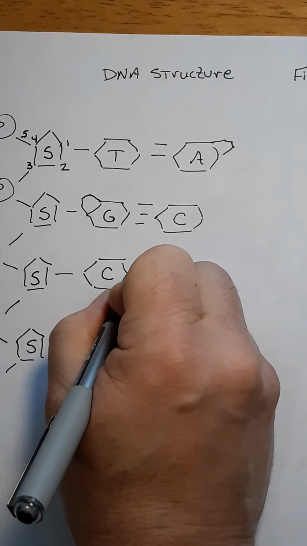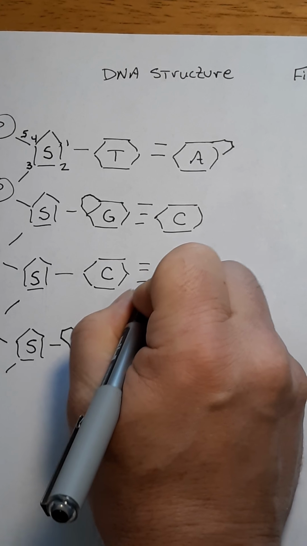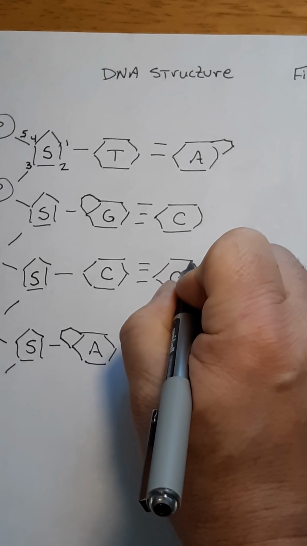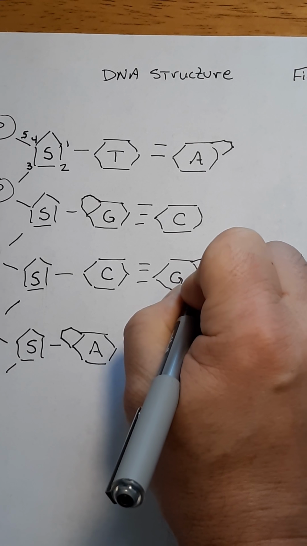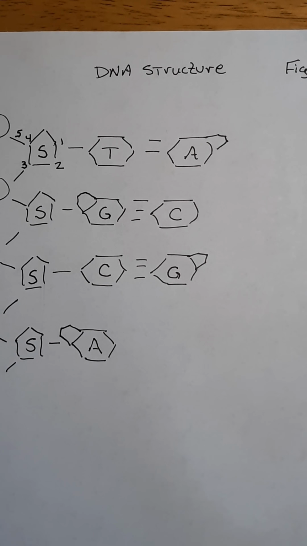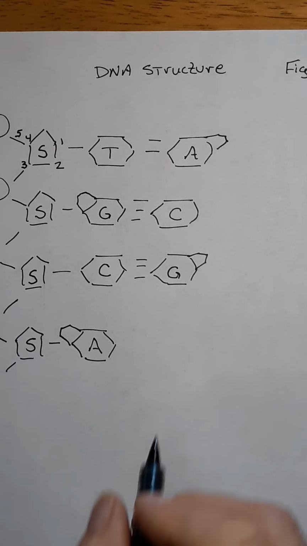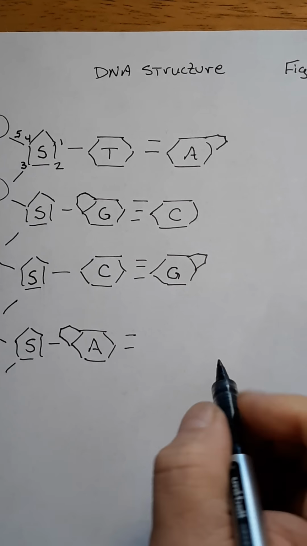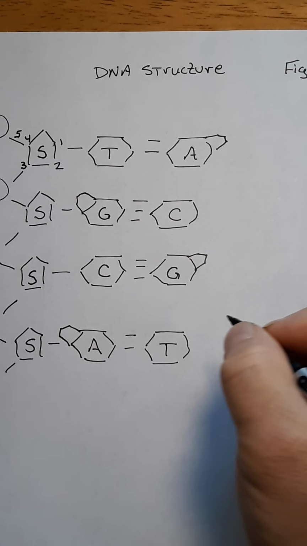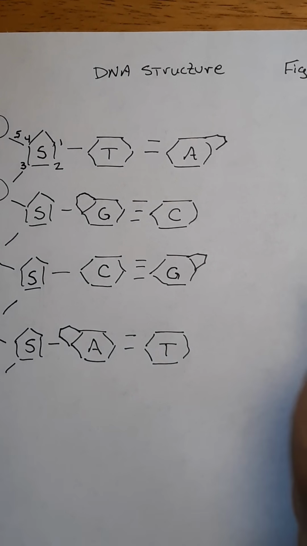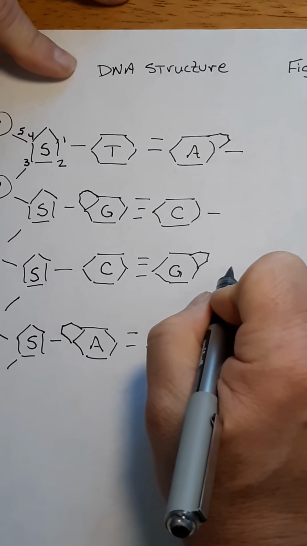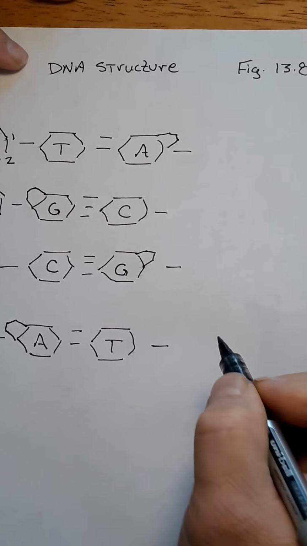And so same way down here, cytosine and guanine. But remember, you have that extra carbon ring associated with adenine and guanine. And then down here, 2 hydrogen bonds between adenine and thymine. So everywhere you have a nitrogen base, we're drawing the complementary strand here.